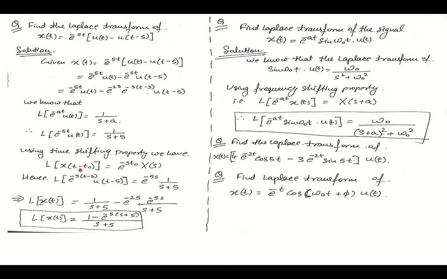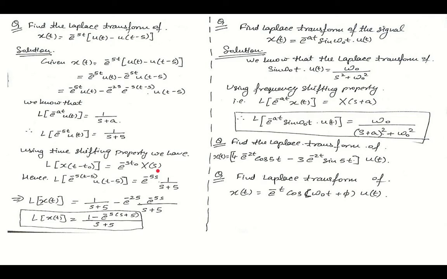According to my shifting property, I can put this equal to e to the power minus 5s, putting the value of t naught, that is 5, from here, and the value of X(s).